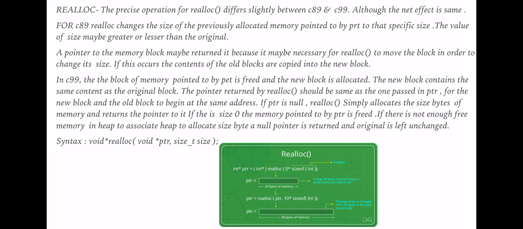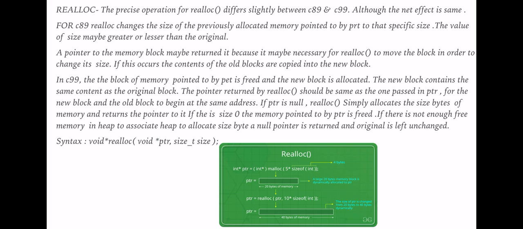The value of this size may be greater or lesser than the original, whereas in C99 the block of memory pointed to is freed and then a new block is allocated. If a pointer to the memory block is returned, the old block is copied into the new block.